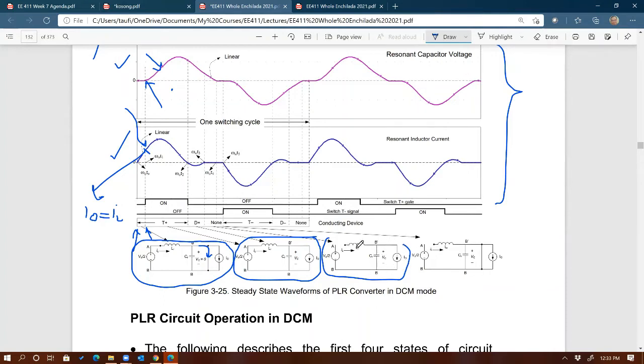Remember, IL is already zero, so no more charge through IL, therefore no more current, and none of the devices are conducting, that's why it's open. And then this I out will have to flow through the resonant capacitor, because at that time the capacitor is still not fully discharged.